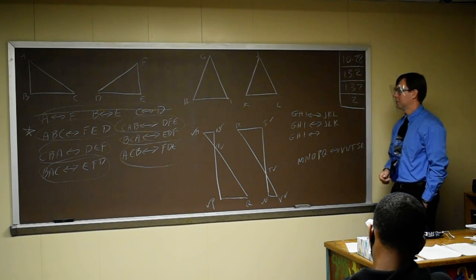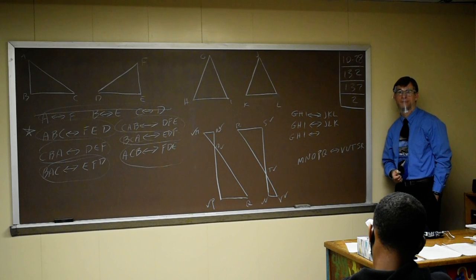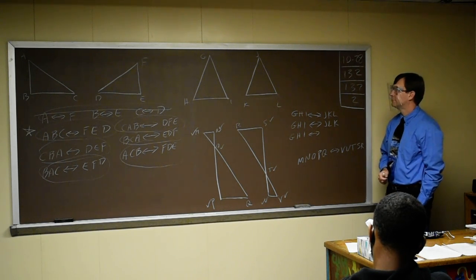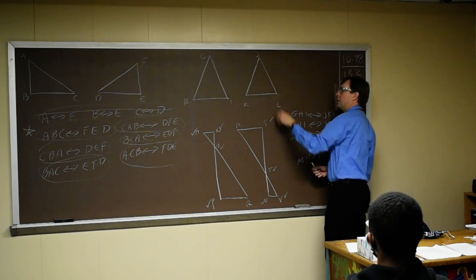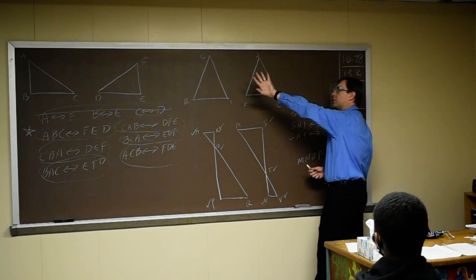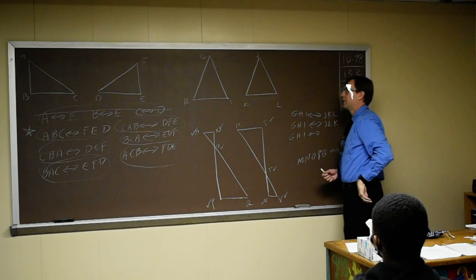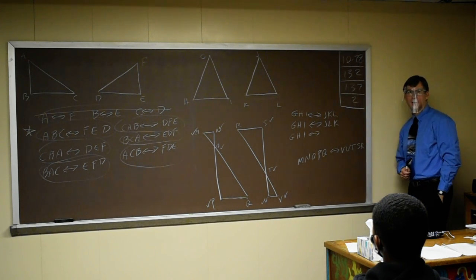There's another way we could do GHI on top of something. So we could do GHI on this. We could do GHI with a twist on that. There's another thing we could do with GHI.